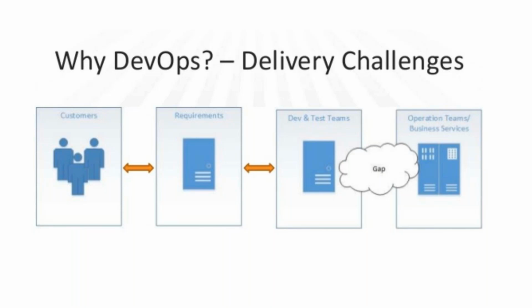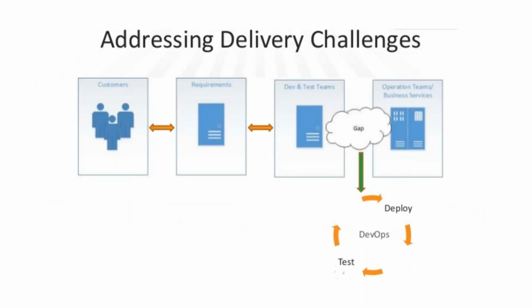With this gap, there is a huge delay in delivering the code to the customers, because there will be errors every time when releasing the code. To reduce this gap, DevOps comes into the picture. Here you can see there is a cycle: deploy, test, and DevOps. This is reducing the gap, and it clearly explains why we need DevOps, and why it's booming in the market now.